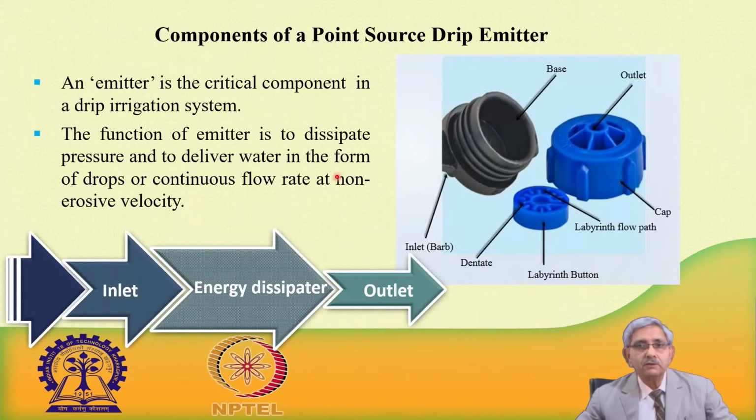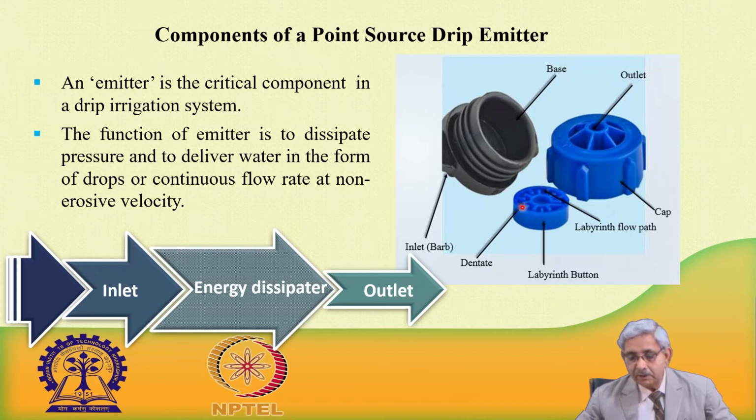So, this barb is located at this point, and it means it comes to the inlet. And then inside this particular housing you find that there is another device, and this device is the labyrinth button.